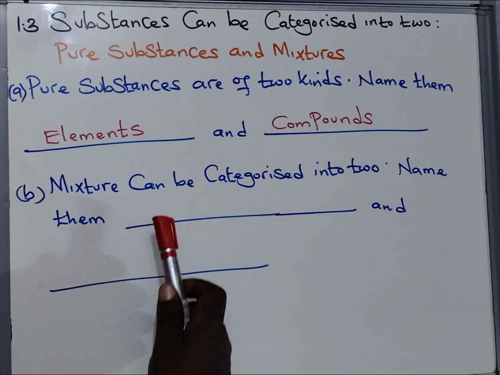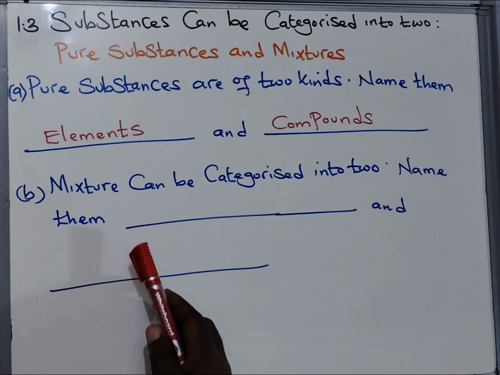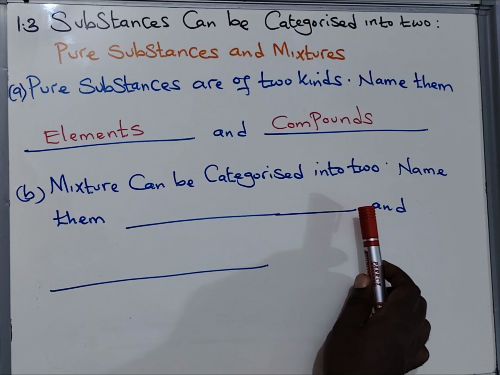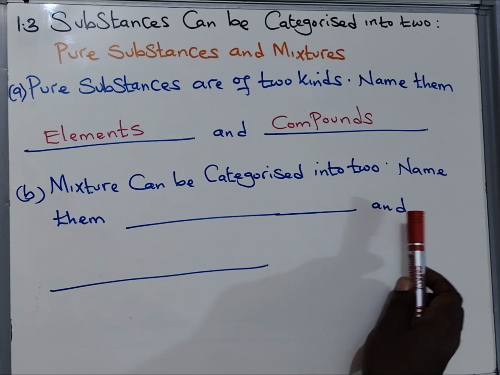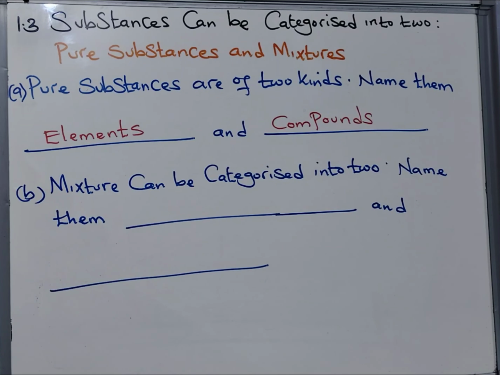So then comes this question. It says mixtures can be categorized into two. Name them. So what are the two categories of mixtures?